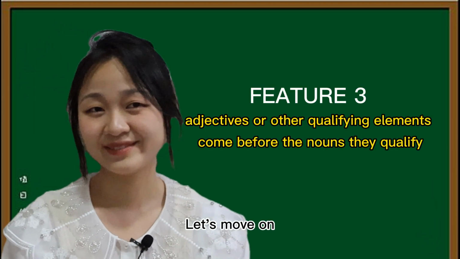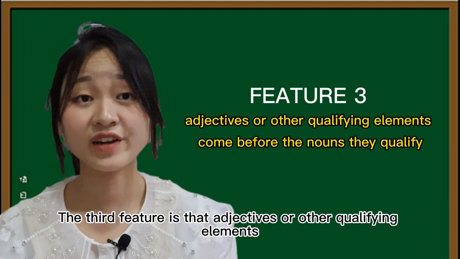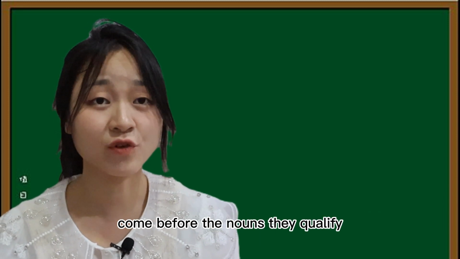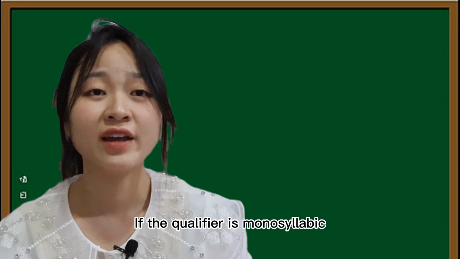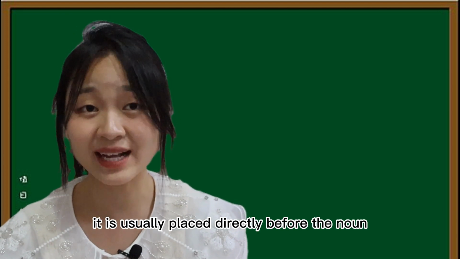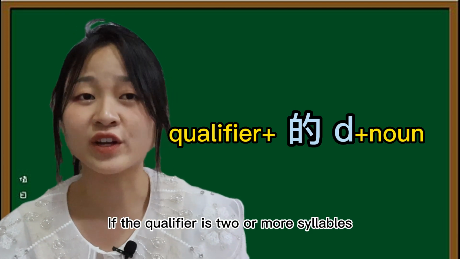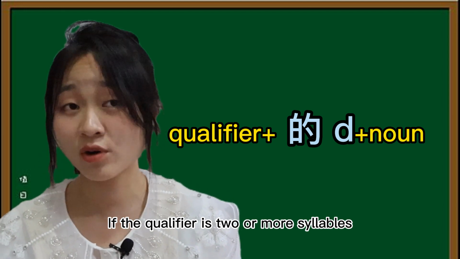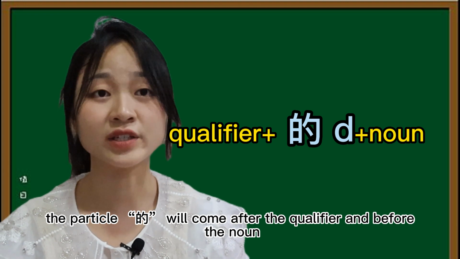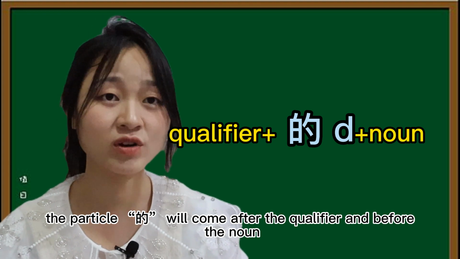Let's move on. The third feature is that adjectives or other qualifying elements come before the nouns they qualify. If the qualifier is monosyllabic, it is usually placed directly before the noun. If the qualifier is two or more syllables, the particle 的 will come after the qualifier and before the noun.